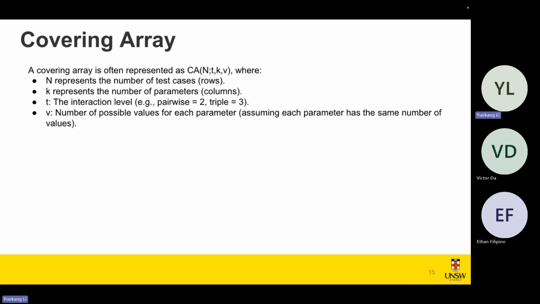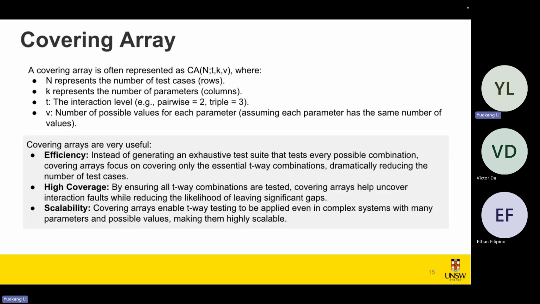So now we can see that it is actually very useful, right? Instead of generating all the possible combinations, we can be very efficient. We can try to just use some representative values. And it can have a guarantee of the coverage, right?